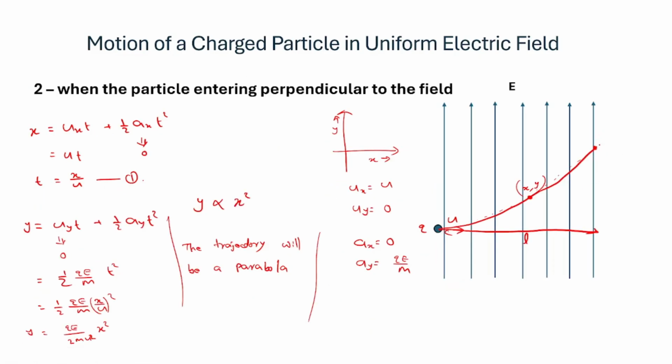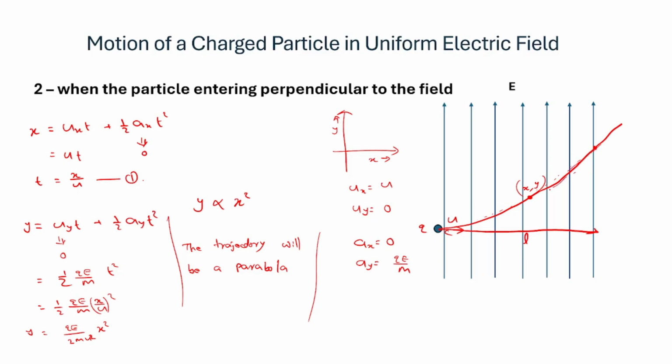So whenever it leaves the field, there will be no force, because there will be no field. So it will leave the field in a tangential direction to the parabola at the point of escape.